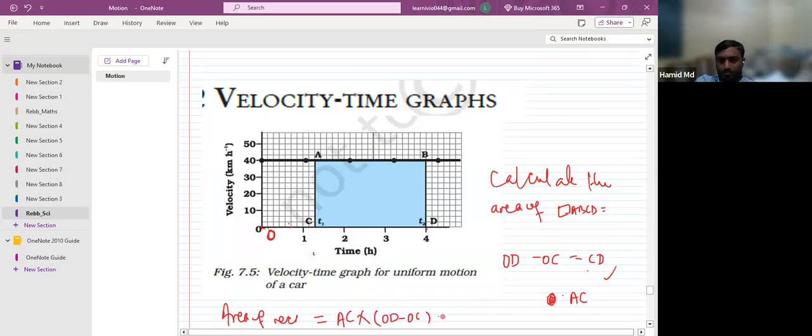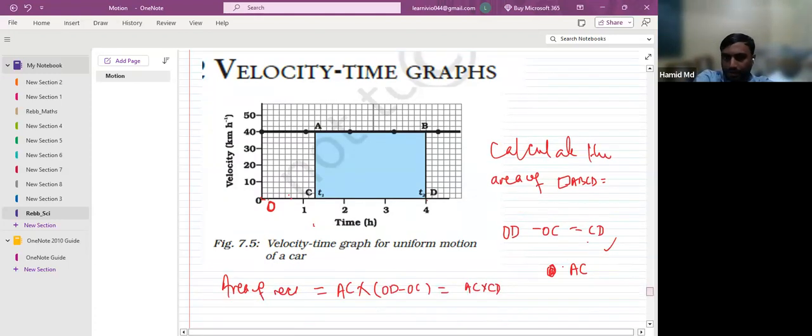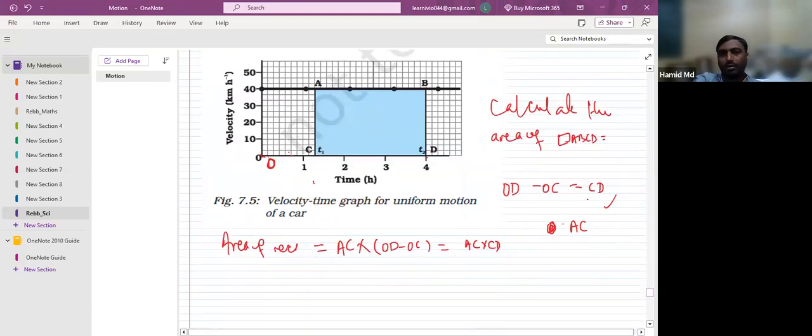Simply AC into CD. Why have I written it in a complex form?